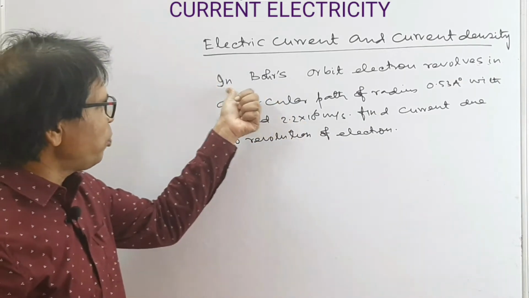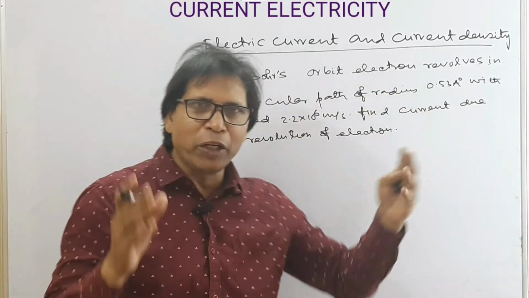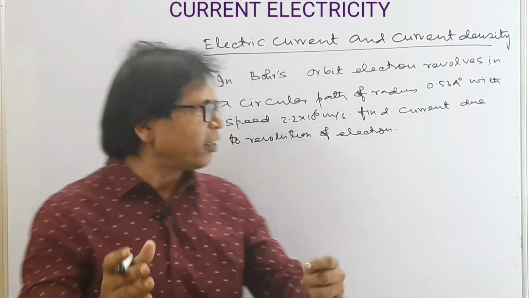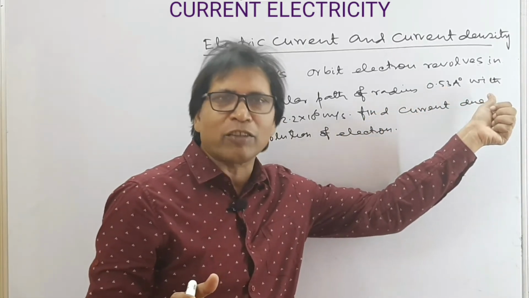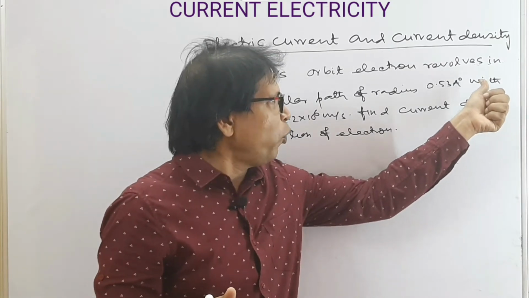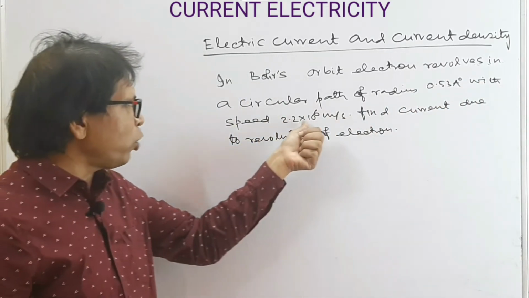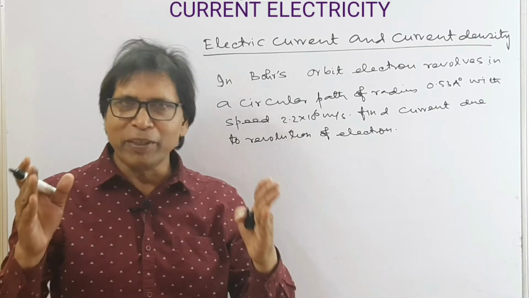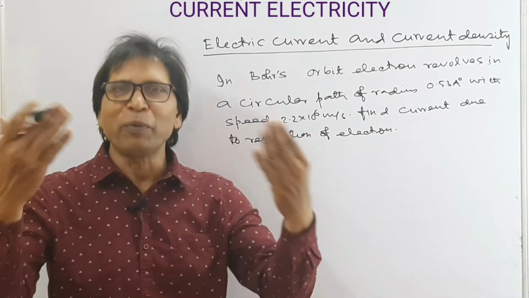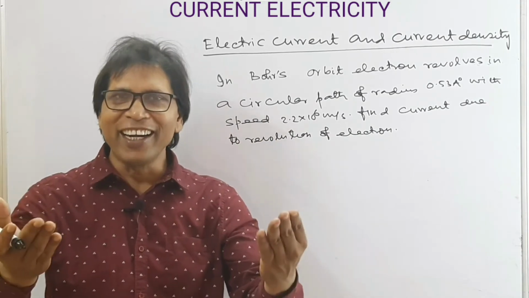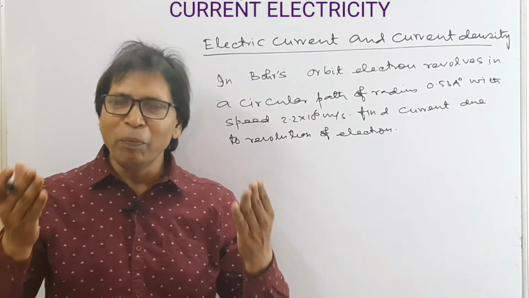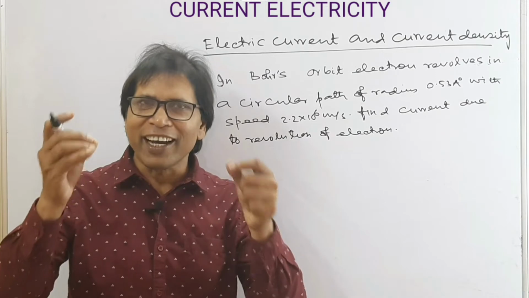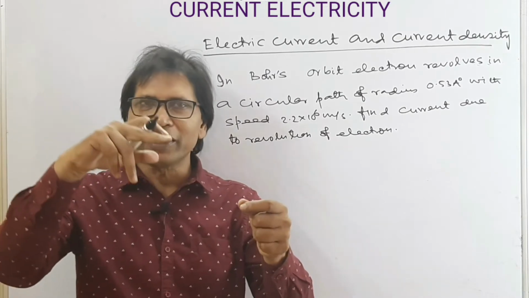Now next numerical. Look at this: in Bohr's orbit, an electron revolves in a circular path of radius 0.53 angstrom with speed 2.2 into 10 to the power 6 meter per second. We have to calculate the current due to revolution of the electron. First of all, what is the current due to revolution of a charge?